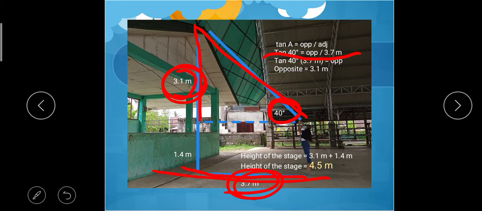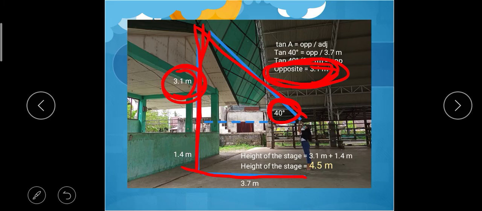So tan 40 degrees multiplied by 3.7 meters is equal to 3.1 meters. Now we have the opposite, which is 3.1 meters. Now this is not the final height of this rooftop to the ground. We will add 1.4 meters here.